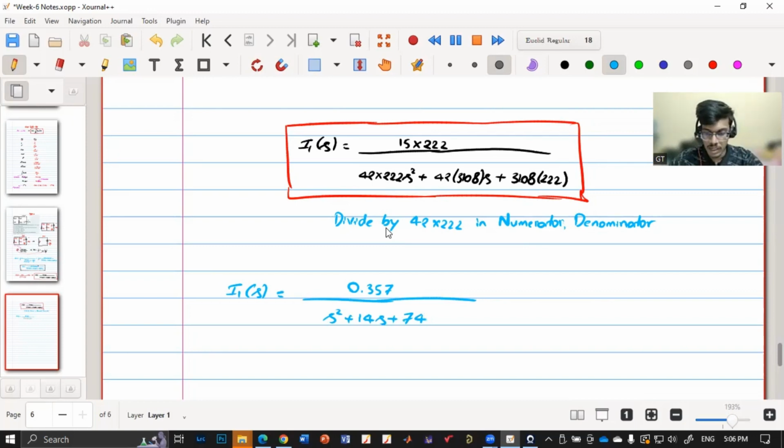Can you please check and confirm whether you're also getting the same thing? Just divide by 42 into 222 in the numerator and denominator, so you will be getting something like this.